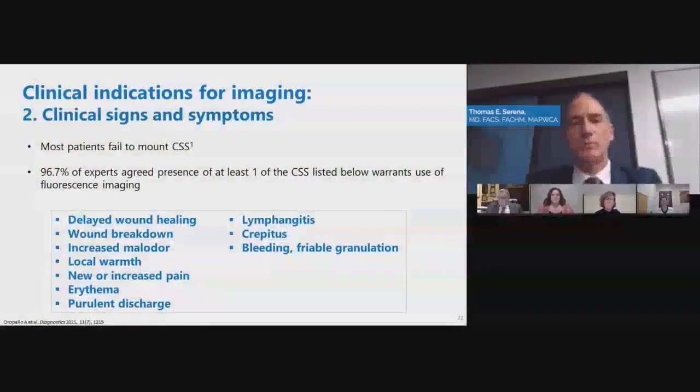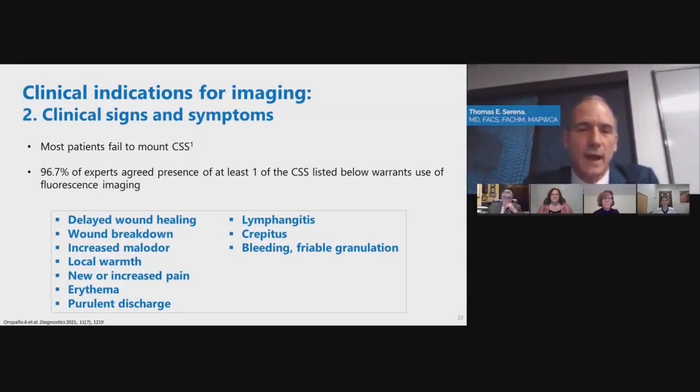Most patients don't mount clinical signs and symptoms, and pretty much everyone agreed that if you had one of these symptoms, at least, that would warrant the use of fluorescence imaging. That includes, obviously, cellulitis or lymphangitis, delayed wound healing, the wound breaking down, smelling really bad, local warmth or increase in temperature, increasing pain, particularly jumps of more than 2 points on the 10-point scale, crepitus, or granulation tissue that is not very viable.